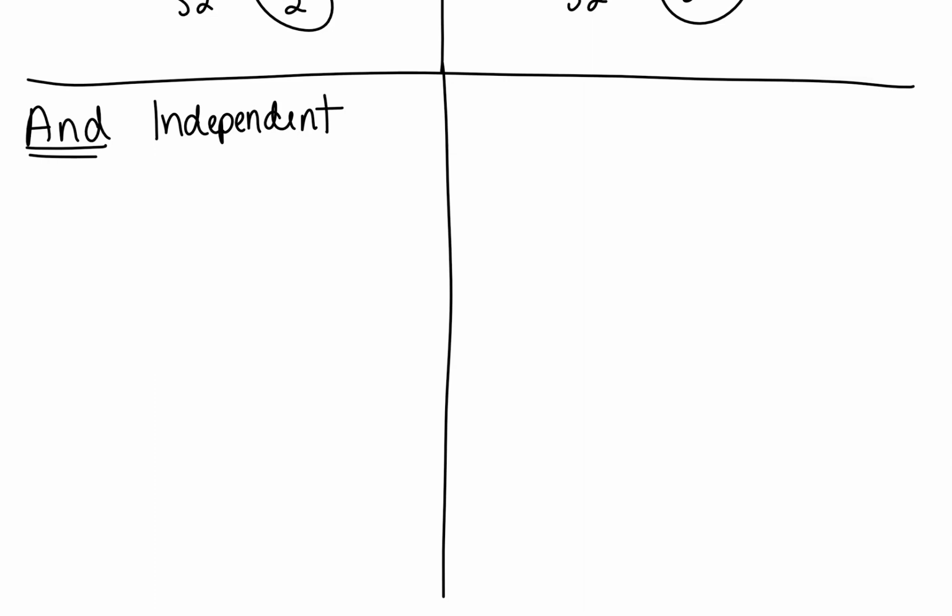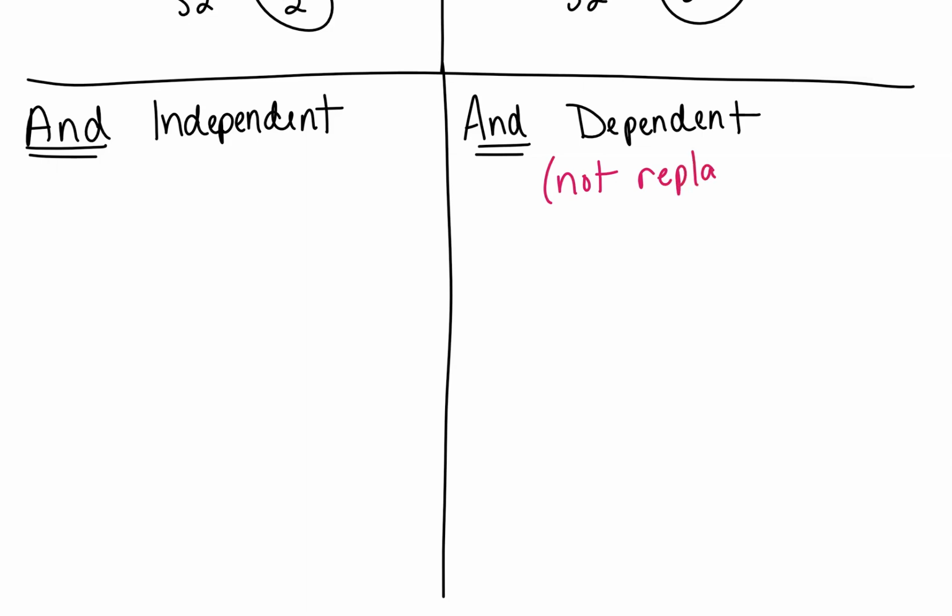The first coin flip doesn't affect the second coin flip. Those are independent of each other. And then we also have the and ones that are dependent. In the dependent problems, you often see the word not replaced. Independent would be if something is replaced.